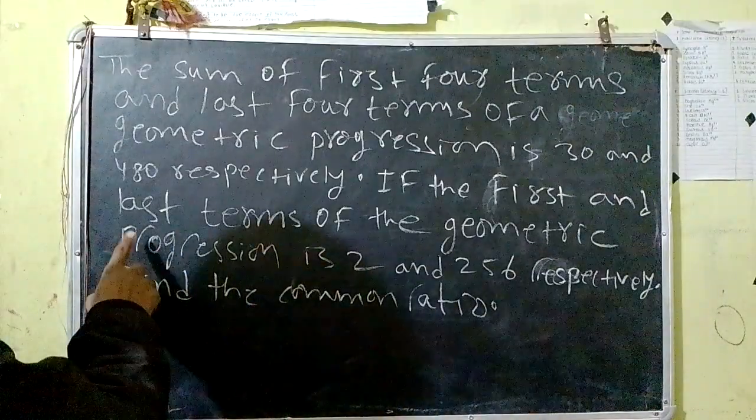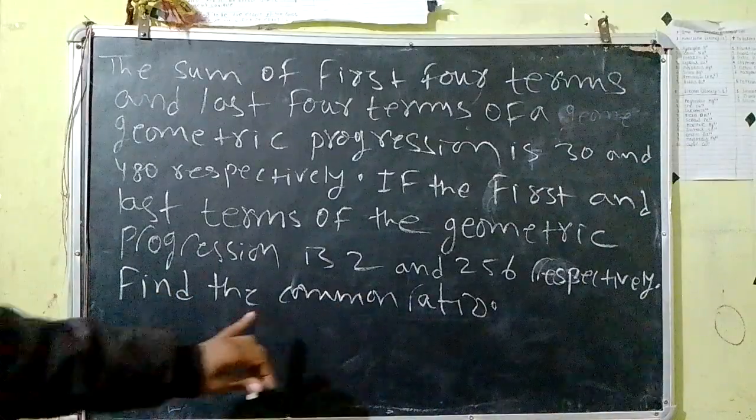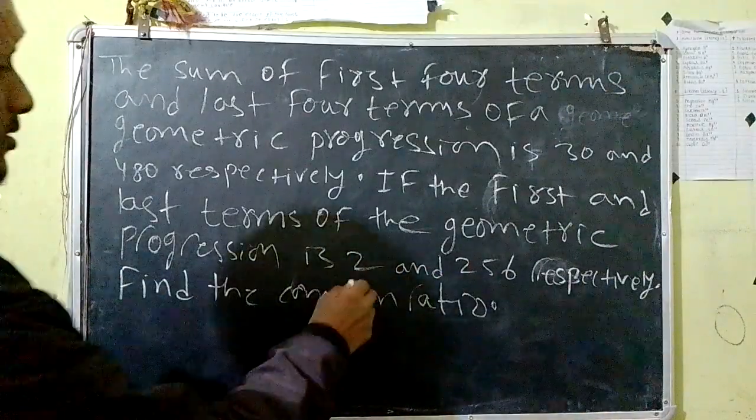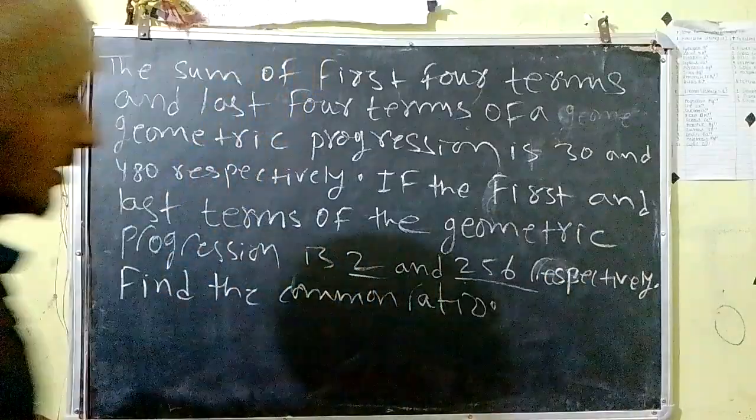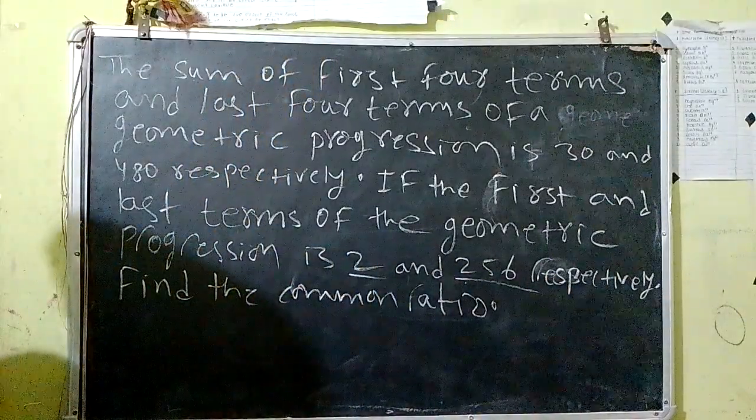If the first and last terms of the geometric progression are 2 and 256 respectively, find the common ratio.